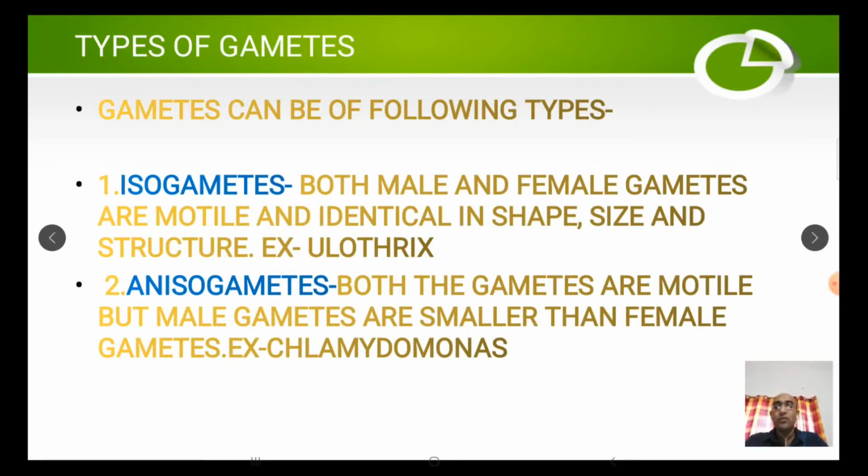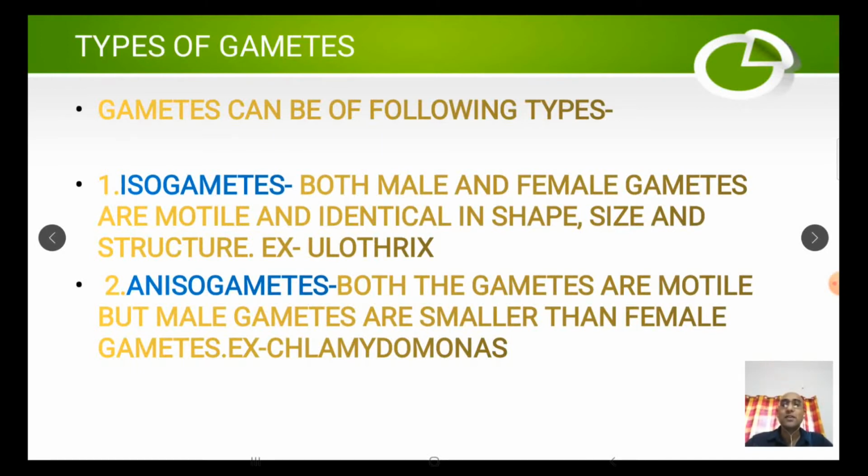Now you know that all the gametes are haploid. Always haploid gametes are formed. Got it? Now, as far as gametes are concerned, gametes can be of the following types: isogametes and anisogametes. In case of isogametes, iso means similar, aniso means not similar.